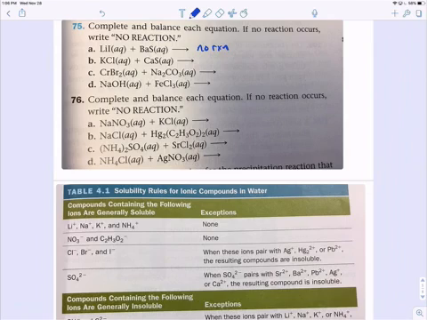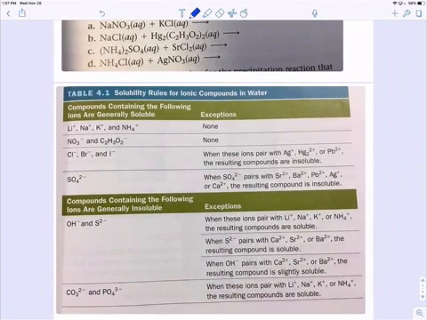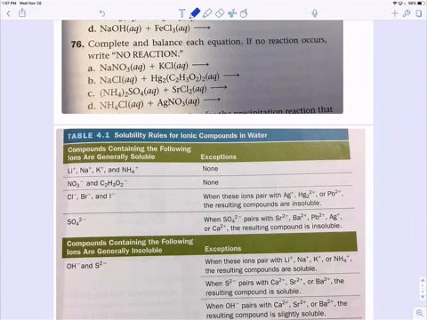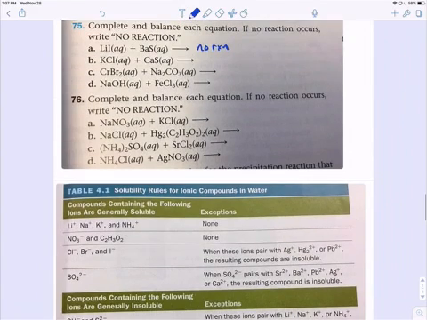So potassium, the positive ion, is going to go with the sulfide negative ion. Sulfides are down here. These tend to be insoluble with the exception of alkalis. So that one's fine. And then calcium bonding with chlorine. Chlorides tend to be soluble, and calcium is not an exception. So that one is also no reaction.